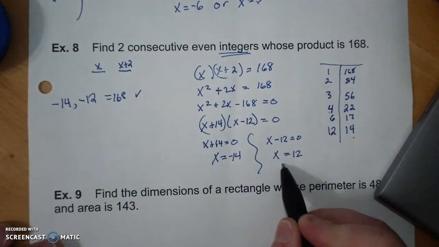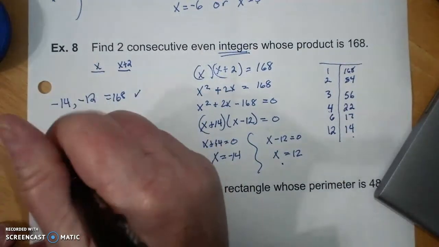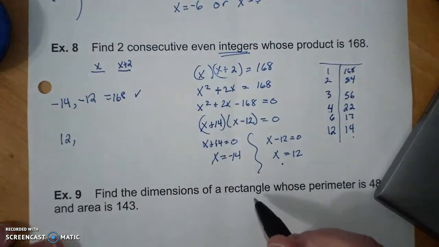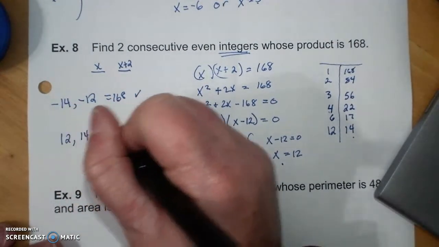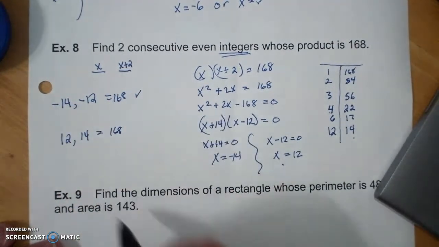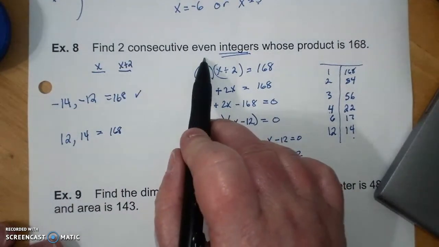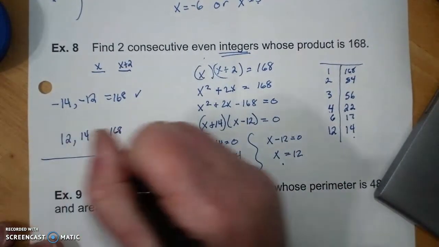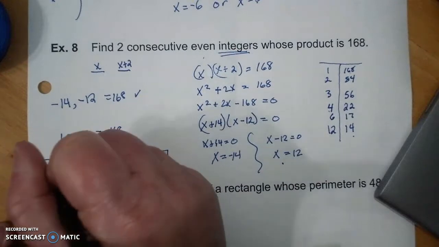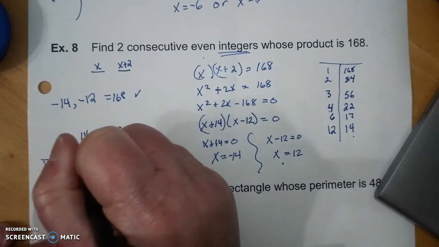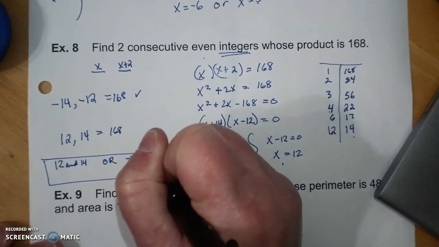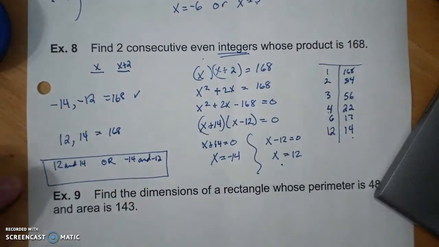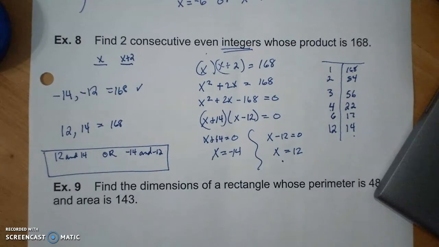Then I'm going to plug 12 into here, and my next consecutive is 14, and that is 168. So my final answer is 12 and 14, or negative 14 and negative 12. Two sets of answers.